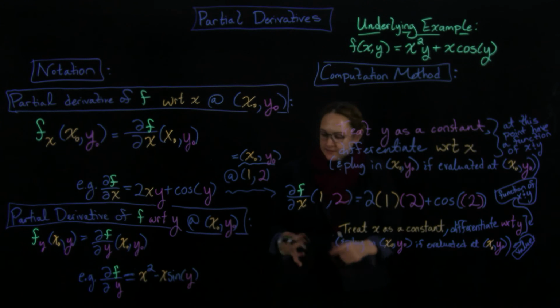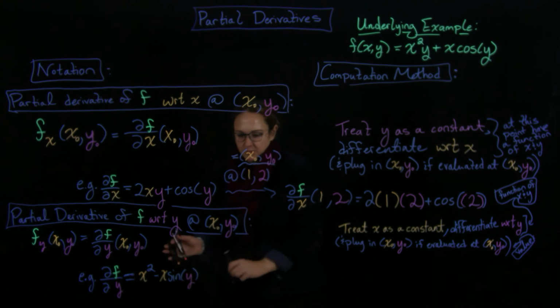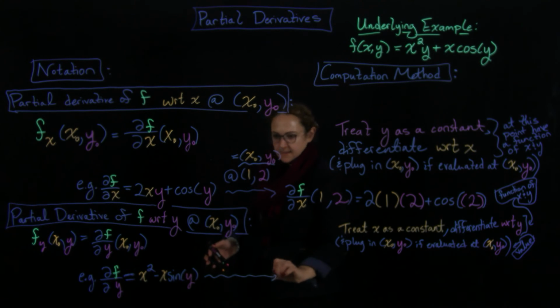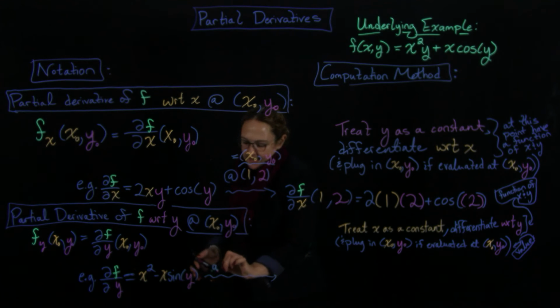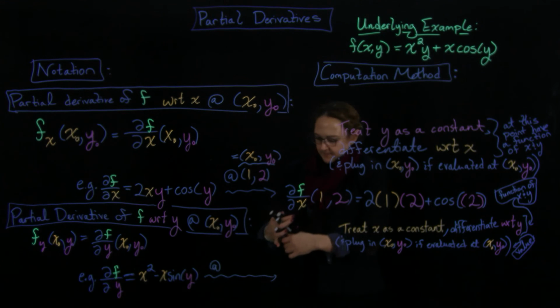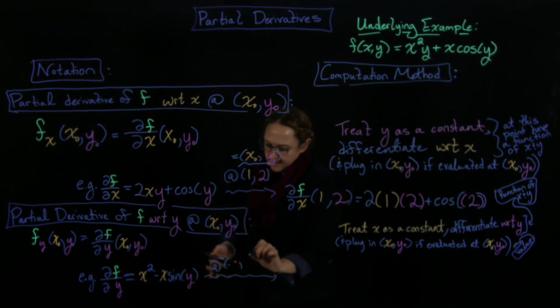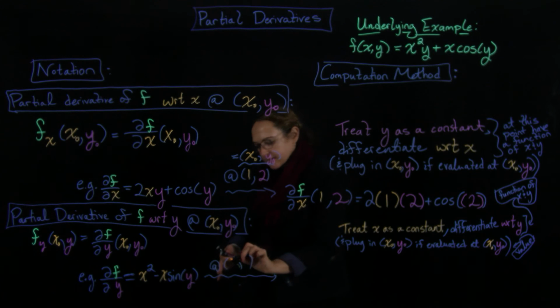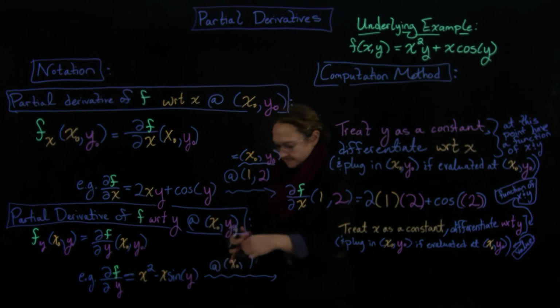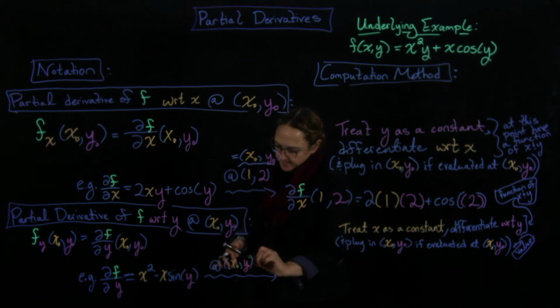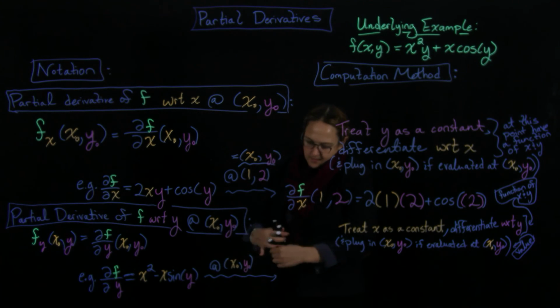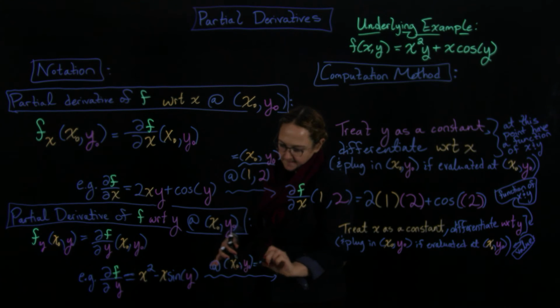Okay, so now let's go ahead and actually substitute in a point. So now we're going to look at where, maybe I'll just write it like this, this is x naught, and this is y naught, equals 3 pi.